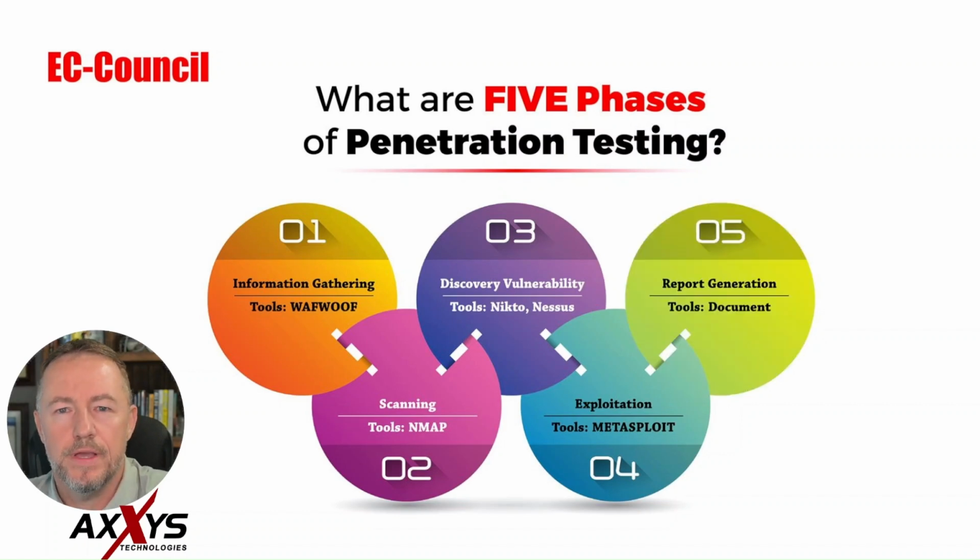The final phase, phase 5, is reporting, and during this collaborative review, the pen tester will meet with leadership or a technical team to report their findings of whether or not they were able to successfully breach the system. And if so, they'll walk the team through what information they were able to find and what steps they were able to take to successfully get in. This allows the organization to address these weaknesses and improve the overall posture of the system to reduce the chances of similar attacks from a real threat actor.